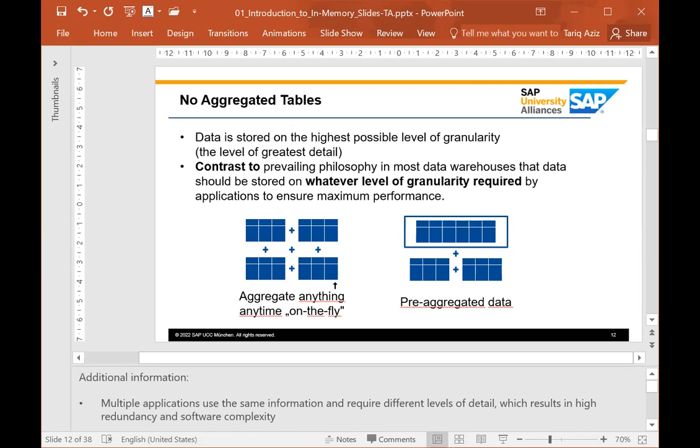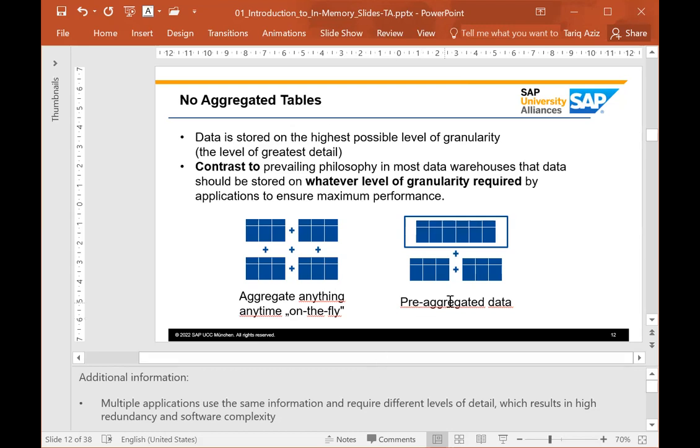So maybe today we don't have the vision of what kind of report we may want in the future. Whatever is today's requirement, we only go with that. So then we get stuck. We can't do further exploration or further analytics. We are limited to what data is available. So that was the problem in the previous database.